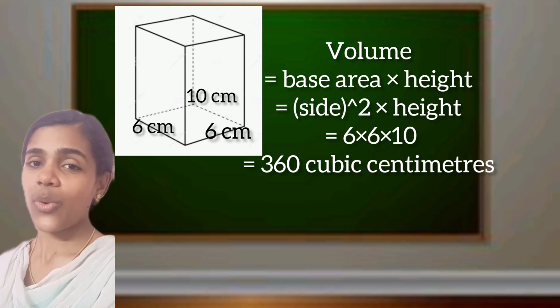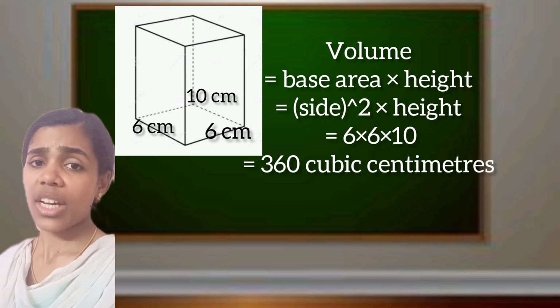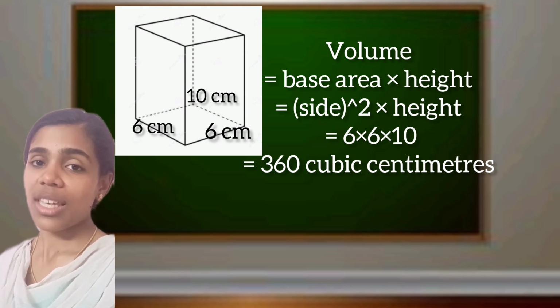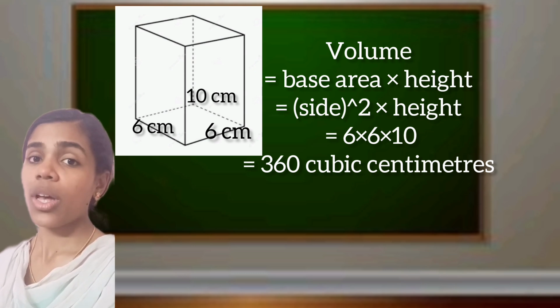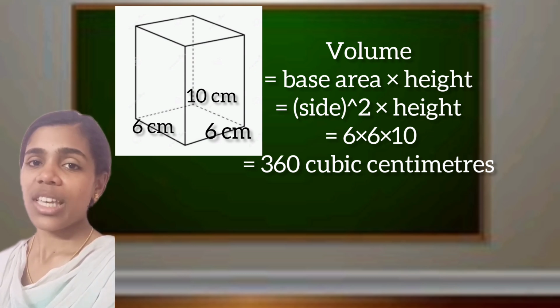So volume of the prism will be equal to side into side into height. What is the measure of the side here? Yes, 6. So we get volume of the prism is equal to 6 into 6 into 10, that is equal to 360 cubic centimeters.